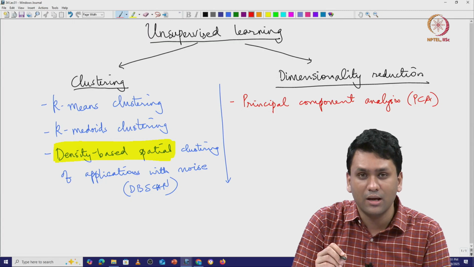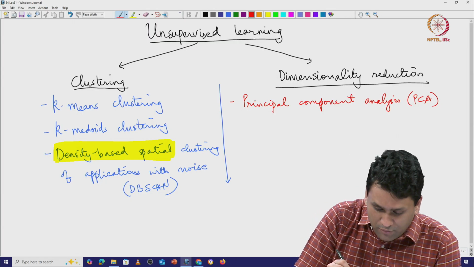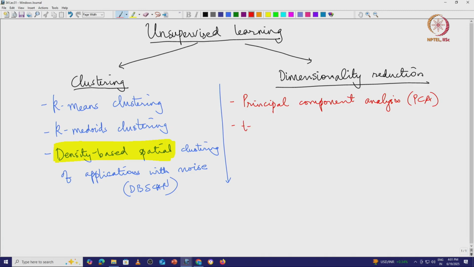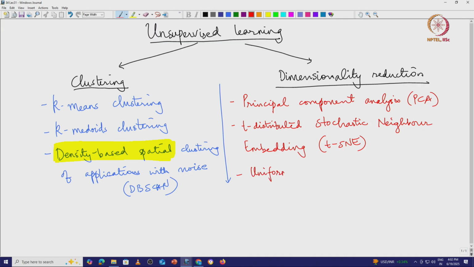So in terms of nonlinear dimensionality reduction we are going to learn a few concepts today, and that includes t-SNE, that is t-distributed stochastic neighbor embedding, and then we are going to look at UMAP, which is uniform manifold approximation and projection.